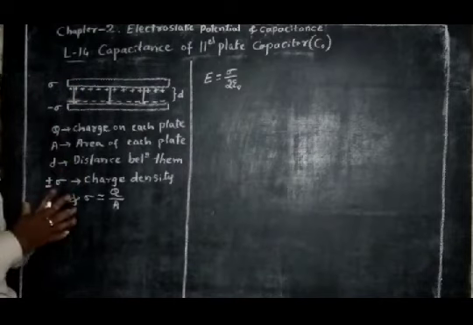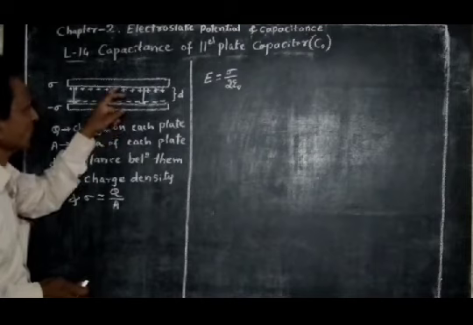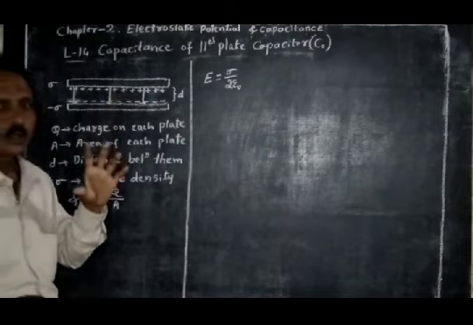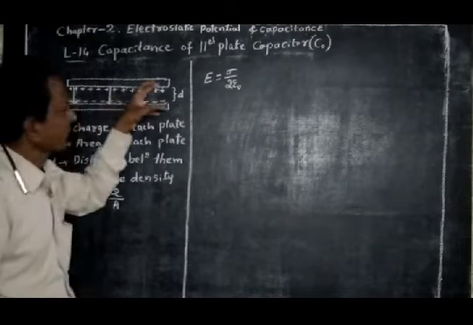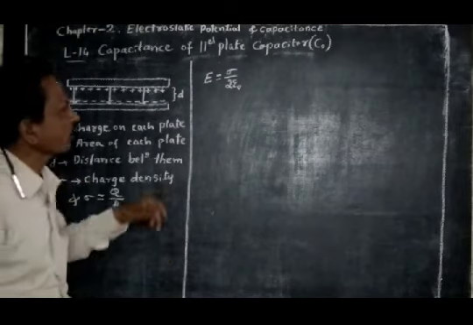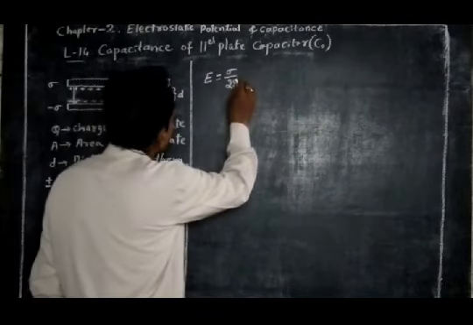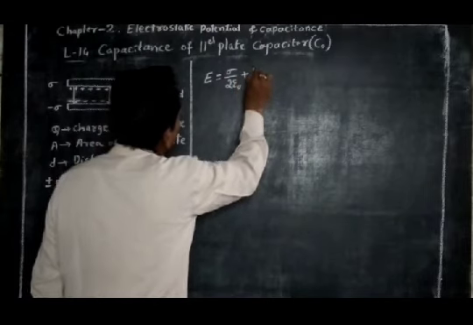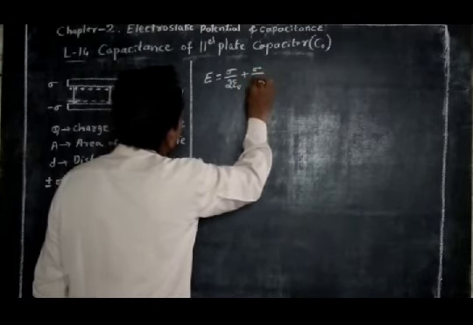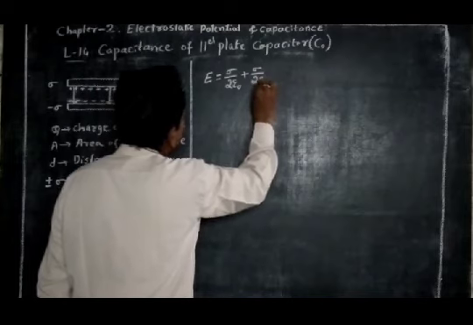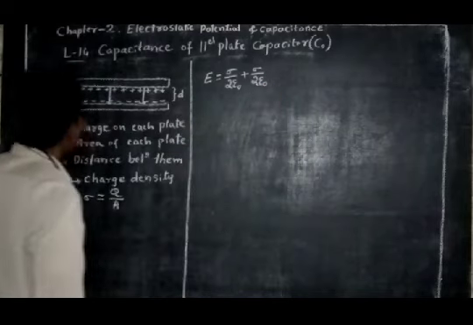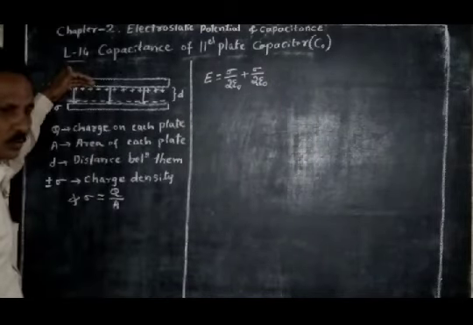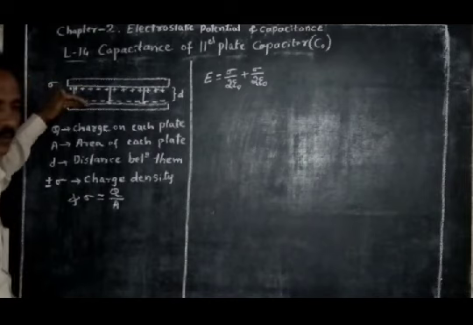Hence the total electric field due to two long parallel plates is equal to sigma upon 2 epsilon naught plus sigma upon 2 epsilon naught. Let E1 be the electric field due to the positive charged plate, E2 the electric field due to the negative charged plate.